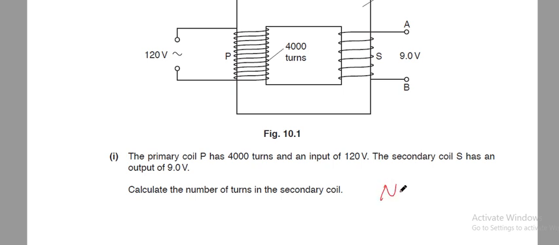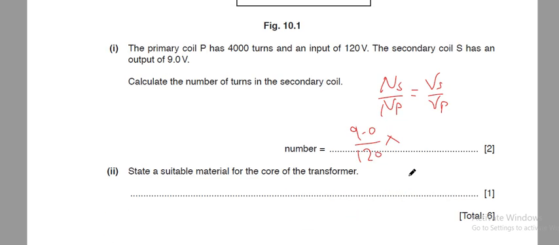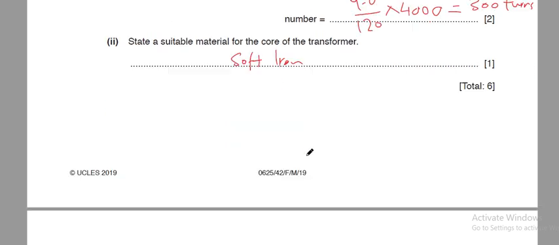We have the relation that Ns over Np equals Vs over Vp. So the number of turns in the secondary coil will equal Vs, which is 9, over Vp, 120, times Np, which is 4,000. This will give us 300 turns. State a suitable material for the core of the transformer. It is soft iron, and for coils it is copper.